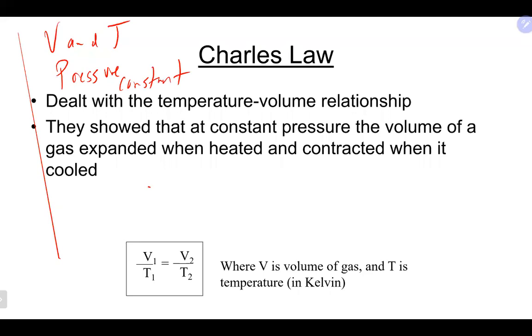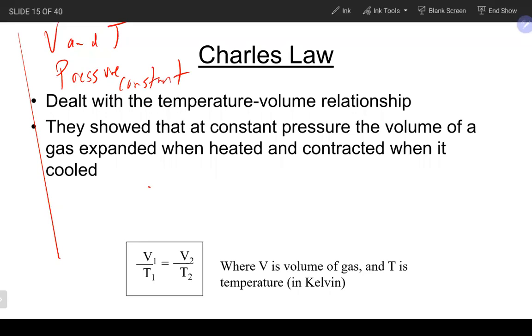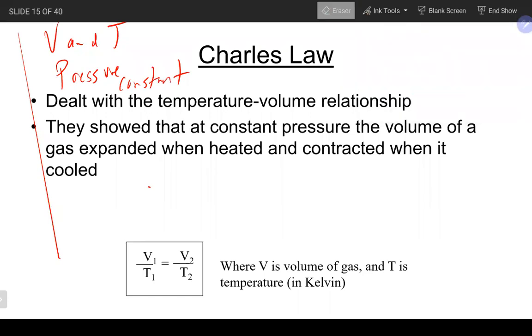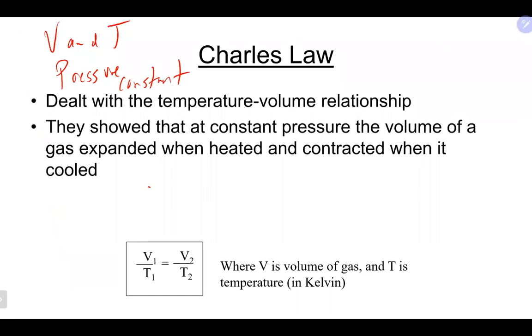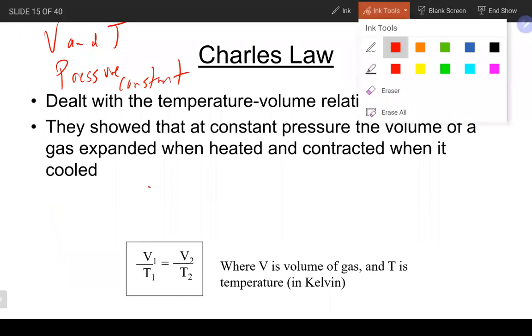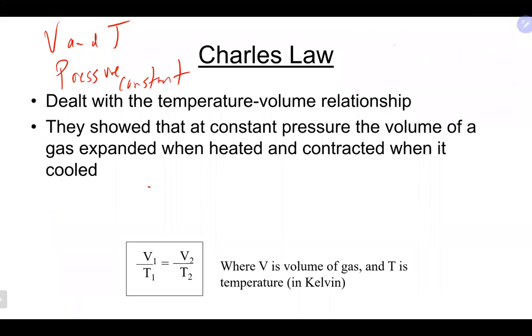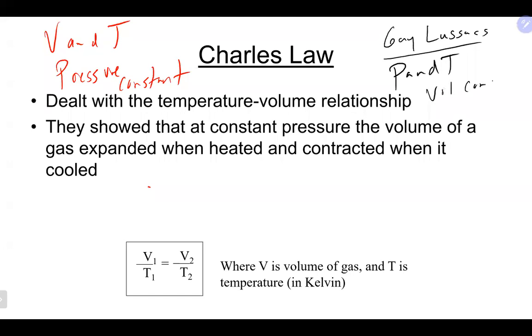What he saw was as the volume went up, so did the temperature, and as the volume went down, so did the temperature. That relationship also goes with Gay-Lussac's relationship, which dealt with pressure and temperature, which is very similar, and he held volume constant.